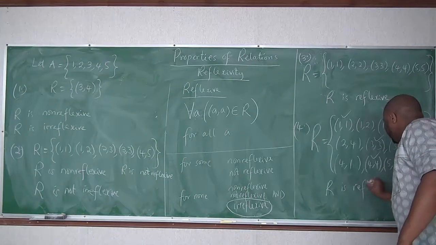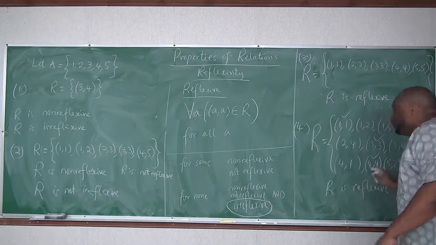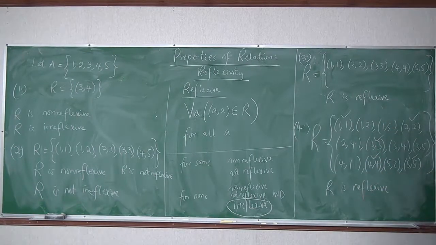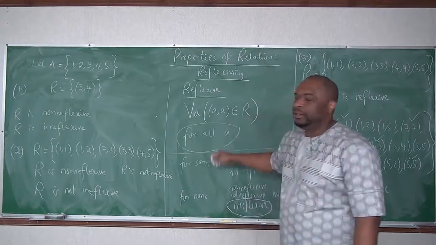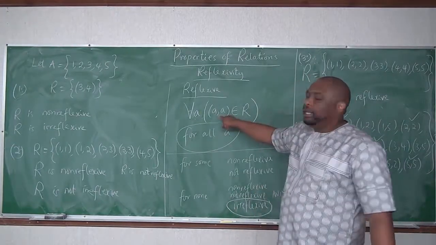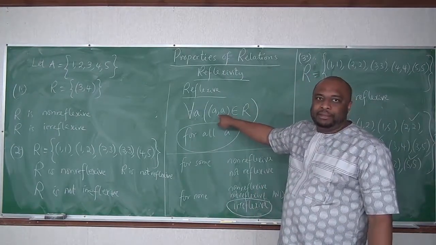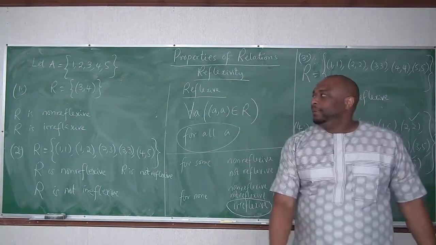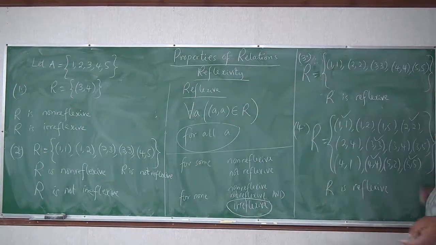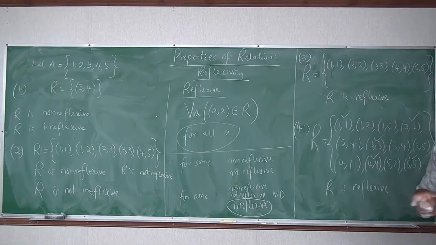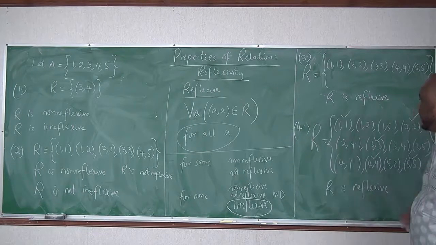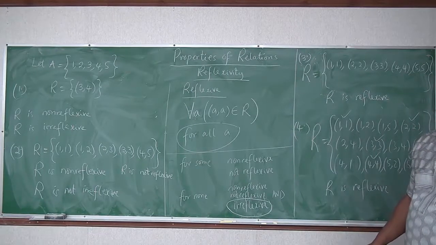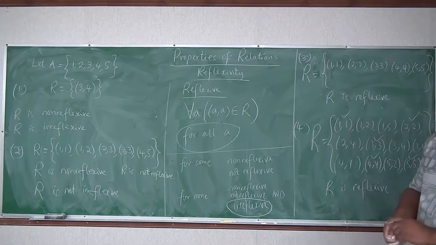Remember, reflexive means for every element A, the repetition of A must be an element of the relation. Even if we have elements that didn't repeat, it doesn't matter. It's still reflexive. Does it make sense?